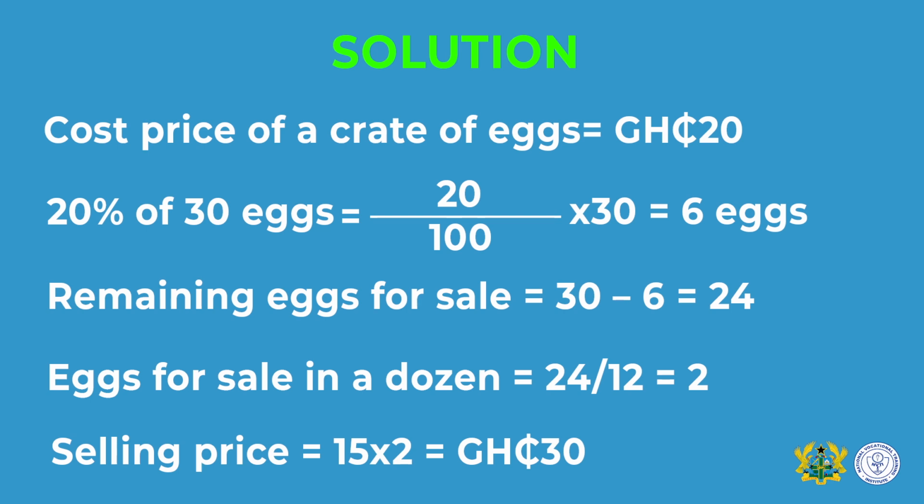But the question is, we are to calculate the profit percent that Mr. Abedu made. Now, we know our selling price for the remaining eggs, and we know the cost price for the entire crate of eggs. So we can easily calculate our profit percent.